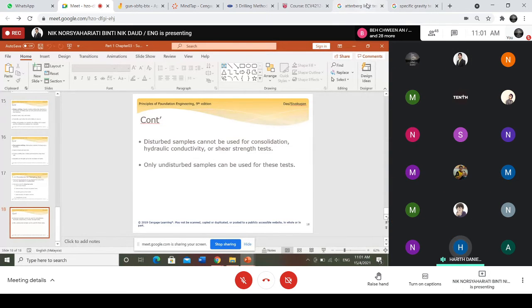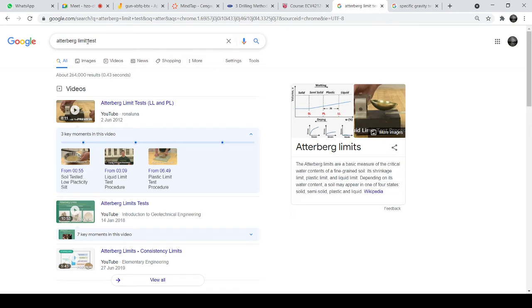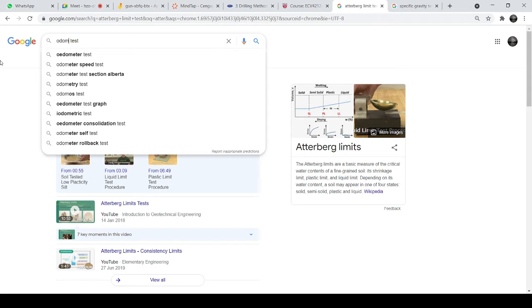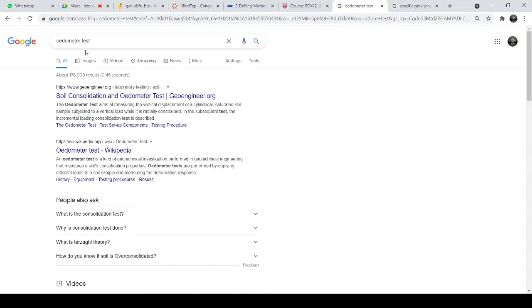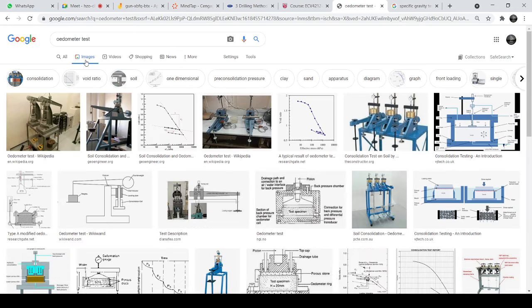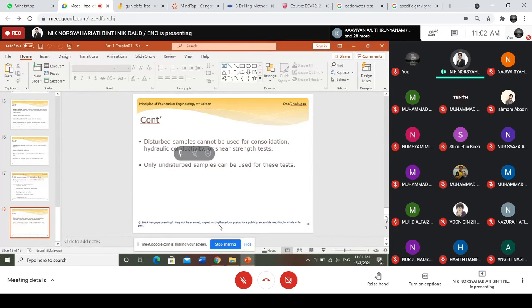Everyone okay? Can you still recall those lab tests? If you remember the odometer test, the shear strength test and hydraulic conductivity, especially hydraulic conductivity, you just go to the panel and measure, weigh, for the hydraulic conductivity test.